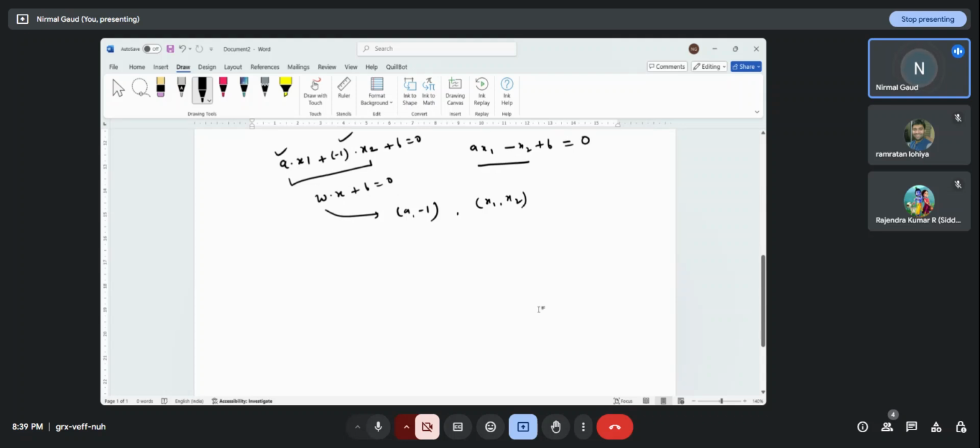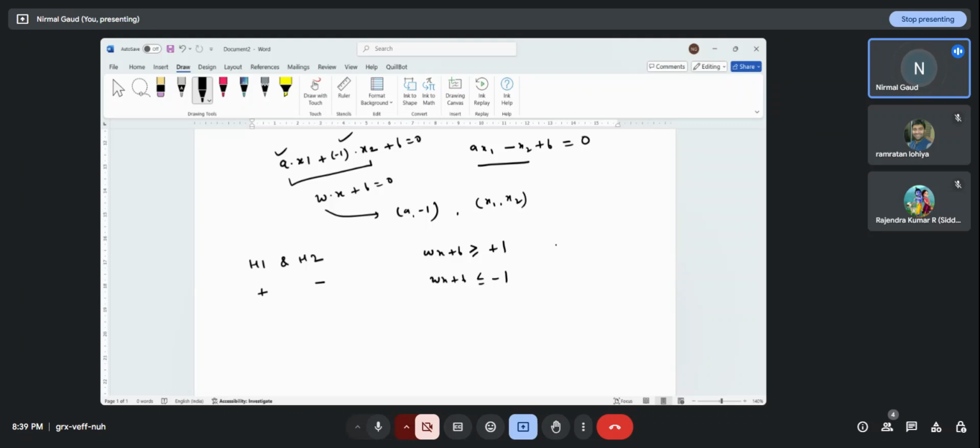And then I also wrote the equation of H1 and H2. We have two classes now, positive class and negative class. So the equations of H1 and H2 that I wrote are: for the positive class, Wx plus b greater than or equal to plus 1, then Wx plus b less than or equal to minus 1 for the negative class.